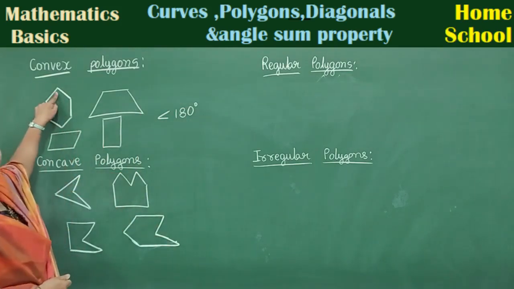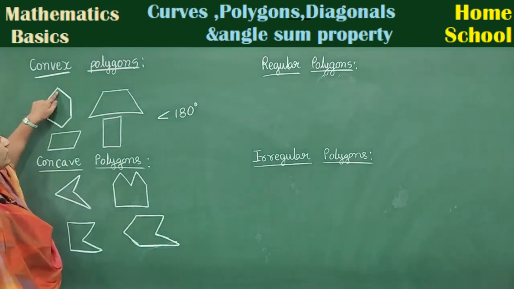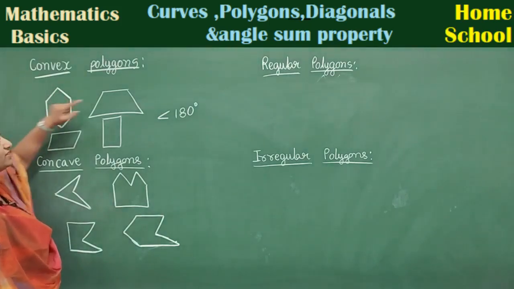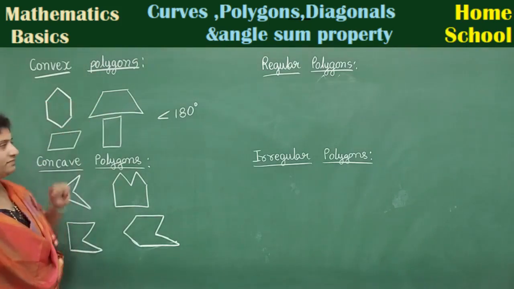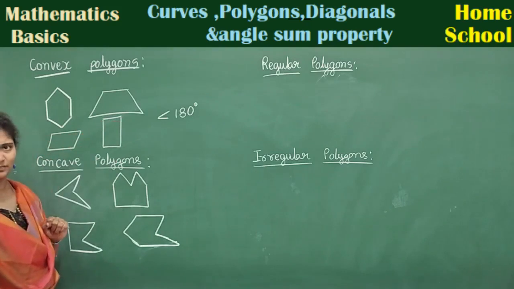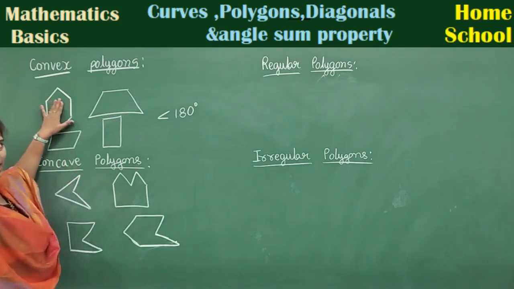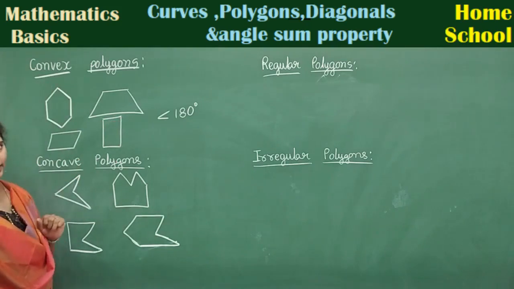Let's look here. Yes, it is acute. You can see here all the angles are less than 180 degrees. Look here, this is a six-sided polygon.